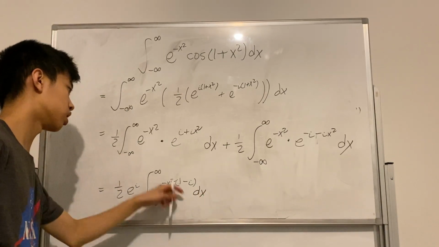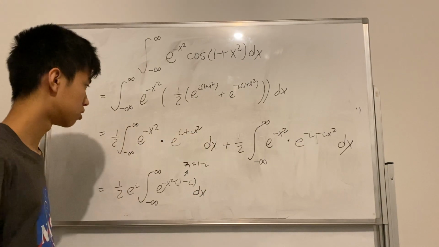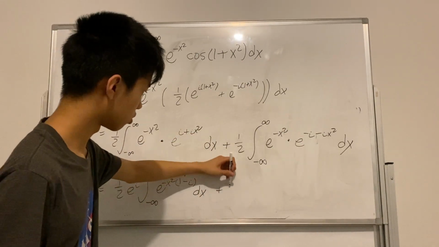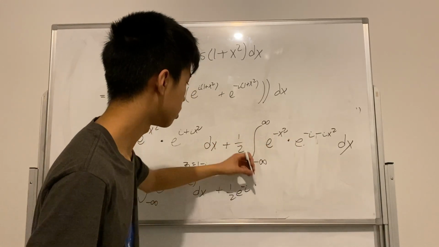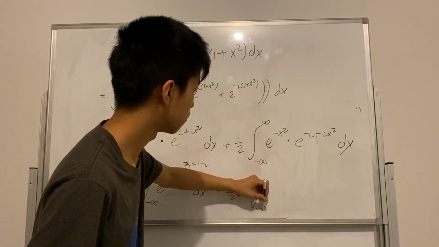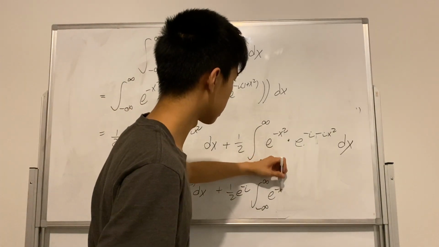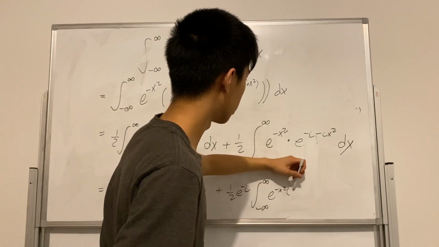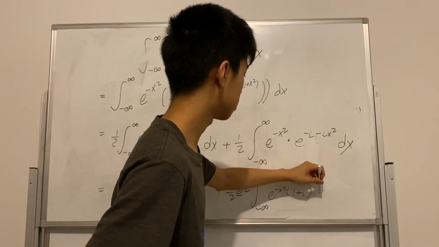We have our arbitrary constant here, so z1 equals 1 minus i. That's plus 1/2 e to the negative i. We're factoring this term out now. The integral from negative infinity to infinity of e to the negative x squared times 1 plus i dx.